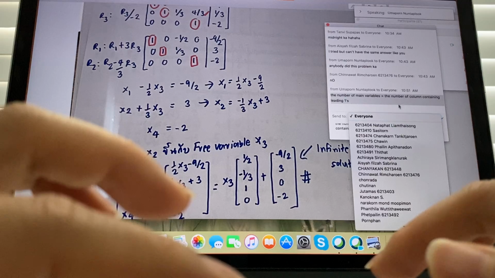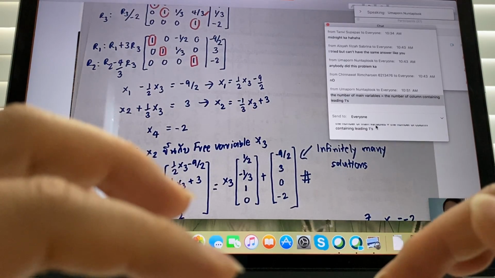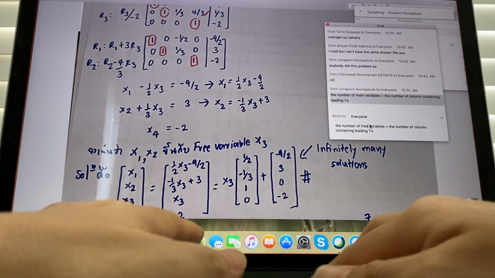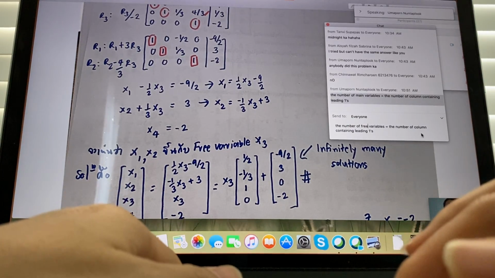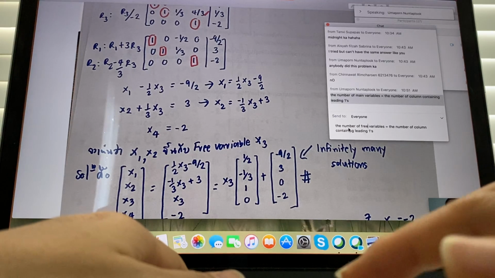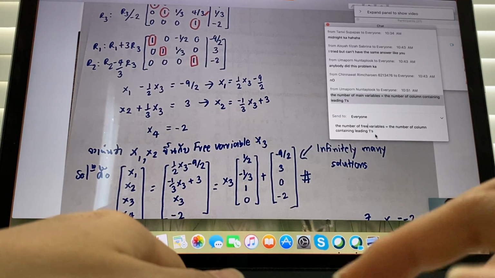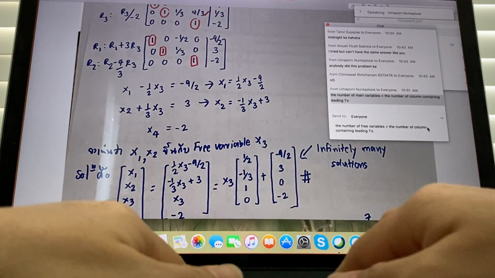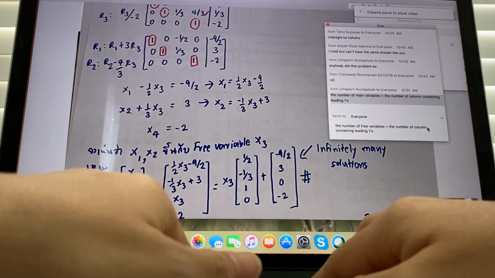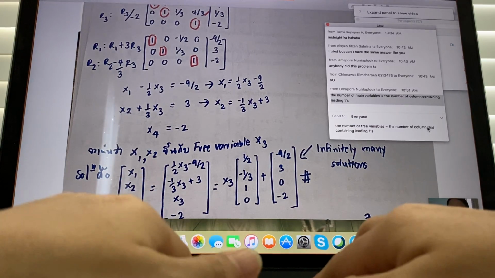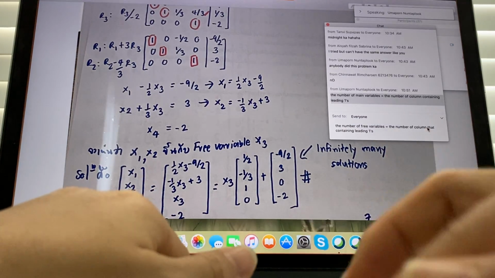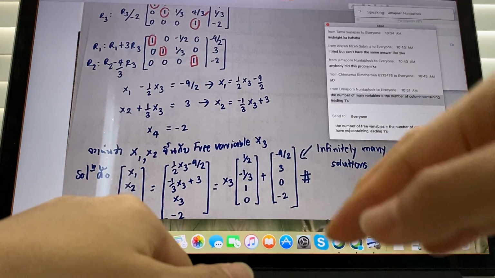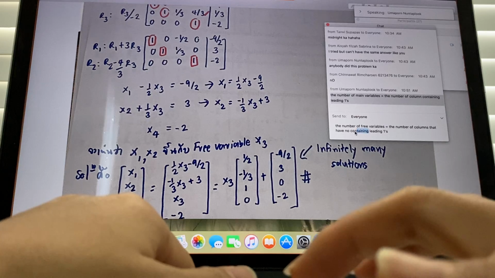The number of free variables equals the number of columns that have no leading one.